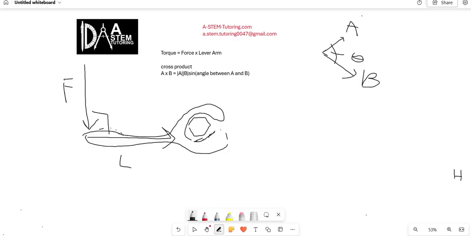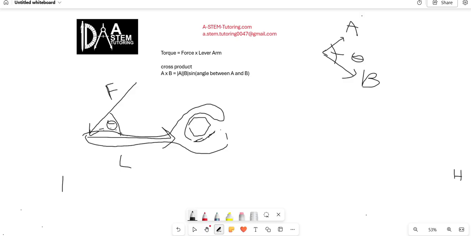But if you had to apply the force at an angle, maybe it's a tight squeeze in the engine compartment where you're trying to tighten this bolt, and maybe you apply the force at a bit of an angle, and this angle theta.